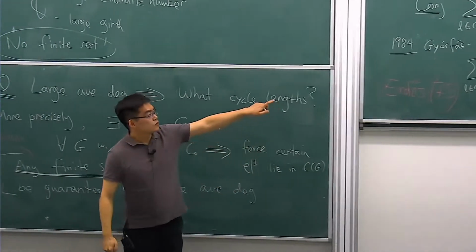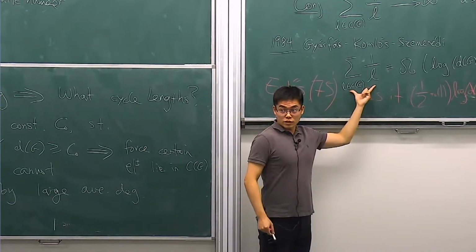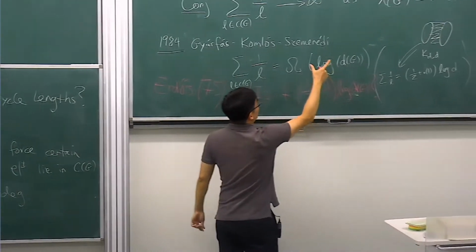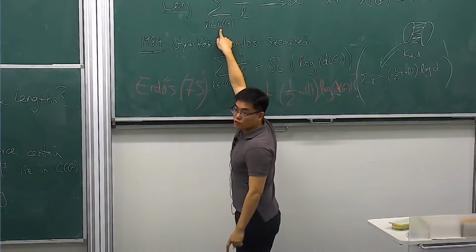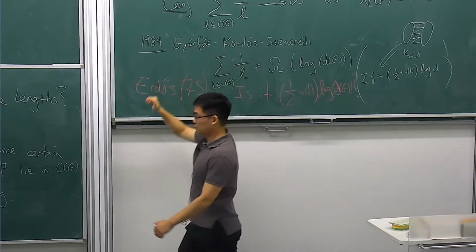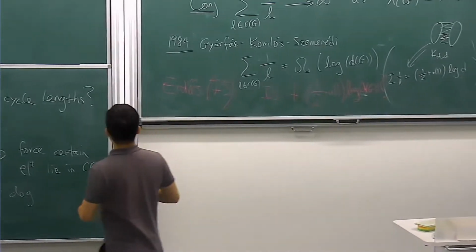Since even numbers are easy to force by average degree, what if the chromatic number tends to infinity, but you only consider odd integers, does the sum still diverge to infinity? That's the Erdős–Hajnal odd cycle problem.